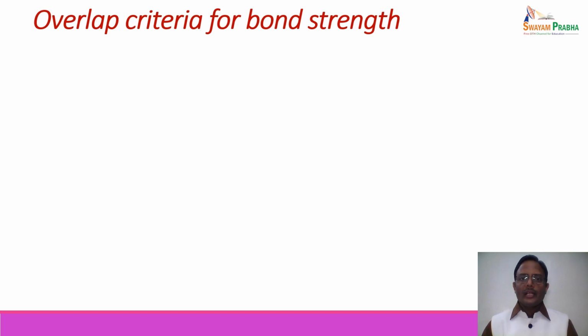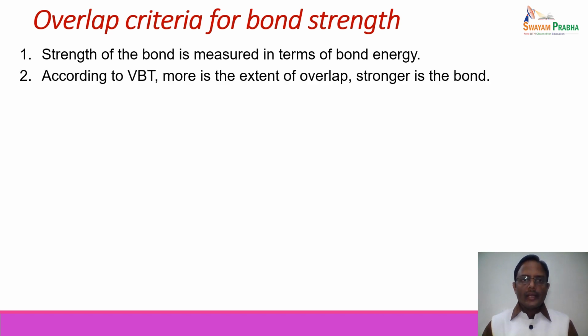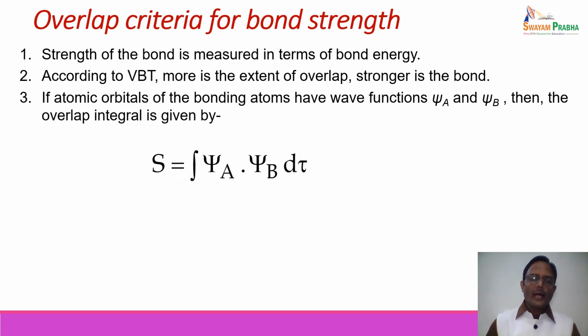According to the overlap criterion, the strength of the bond is measured in terms of bond energy. And according to valence bond theory, as we have just seen, more the extent of overlap, stronger is the bond. If the atomic orbitals of the bonding atoms have wave functions, suppose psi A and psi B, then the overlap integral is given by the formula S equals the integral of psi A psi B d tau.